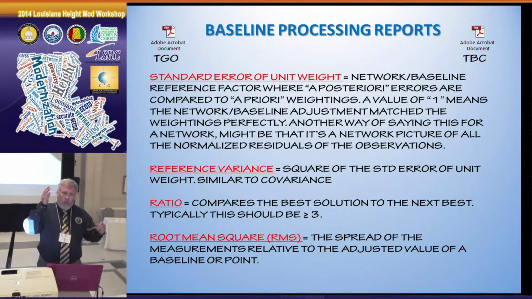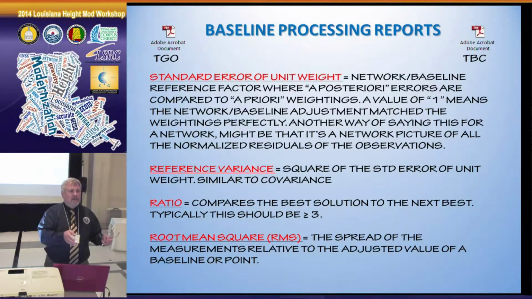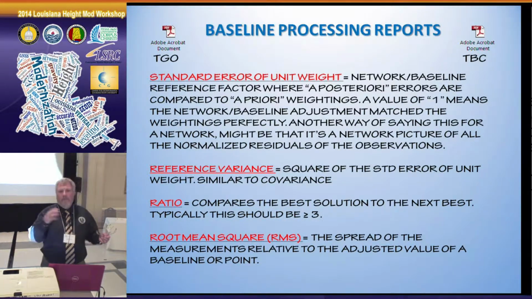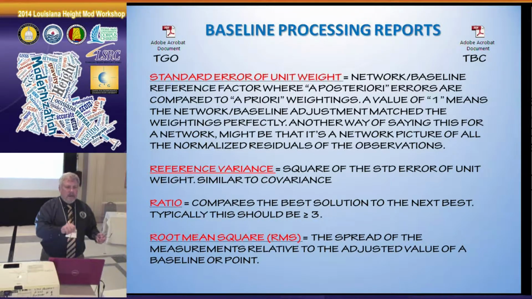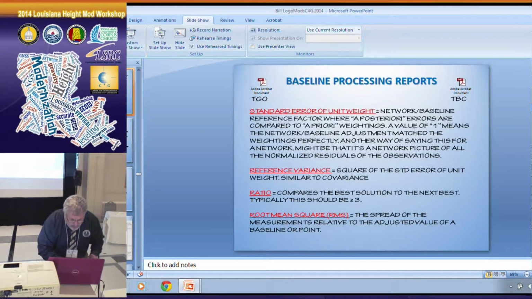If you have a 1, it means they're exactly what you expected. Less than that, they're better. More than 1, they're worse. The reference variance that you look at is just the square of that value, kind of like a covariance. And the ratio, again, is the best to next best. The root mean square is the spread. That's all. Not to belabor the point, but this is what we got when we were processing the data.